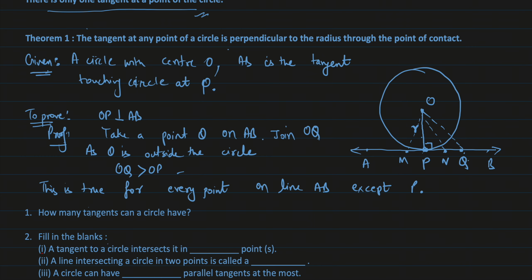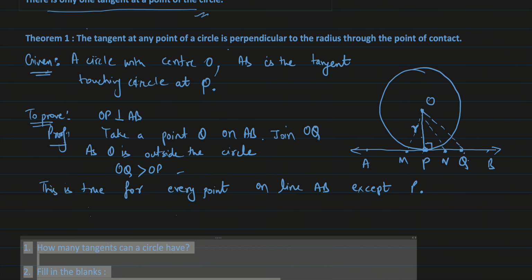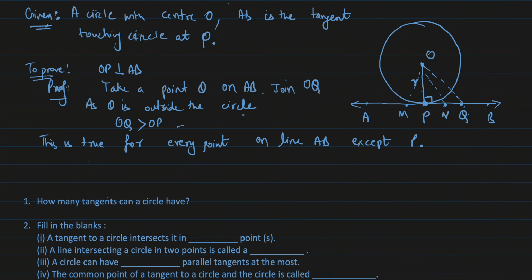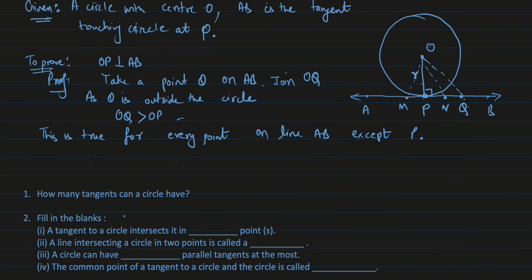Any idea what we can say from here, students? What do you have from here? We can say that OP is the shortest distance. It's the shortest distance.